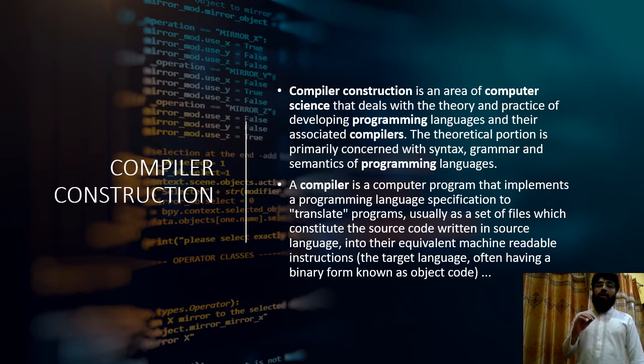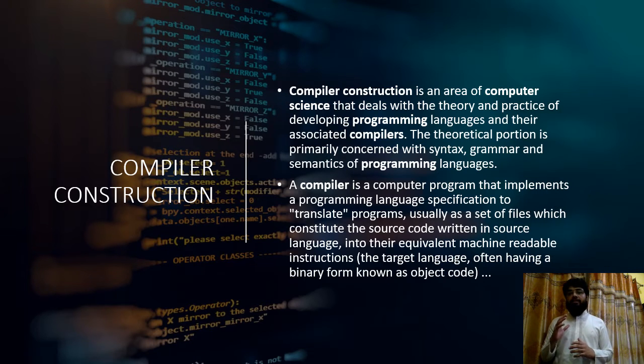Because compiler construction is an area of computer science that deals with the theory and practice of developing programming languages and their associated compilers. That means a compiler is software which translates the whole programming language and processes it.